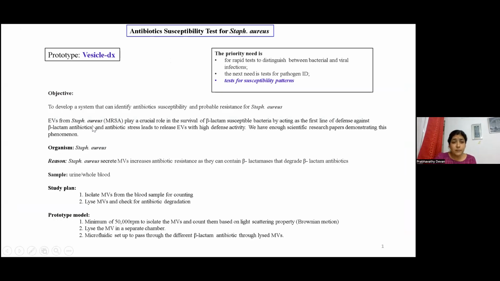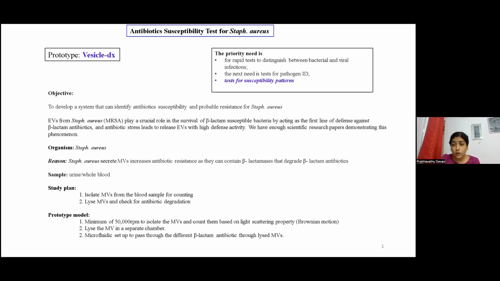So, to develop a system that can identify antibiotic susceptibility patterns and resistance, especially for Staph aureus. Why Staph aureus? Because the literature says, and a lot of studies are coming up which mention, extracellular vesicles or membrane vesicles secreted by these gram-positive bacteria, and they provide a lot of survival advantage to this species in terms of degrading the antibiotics they would otherwise be susceptible to.